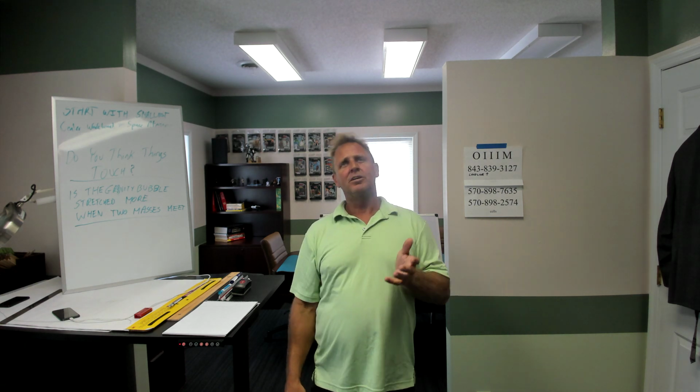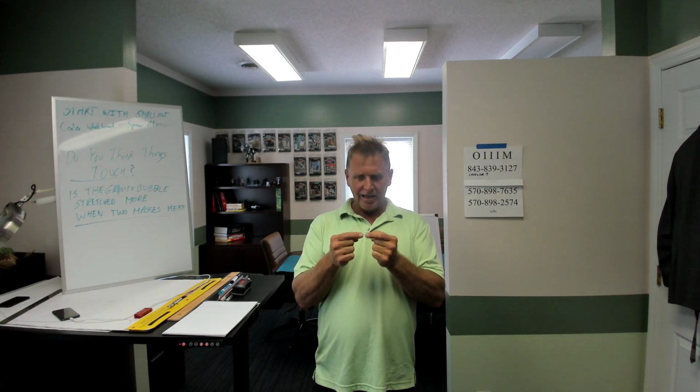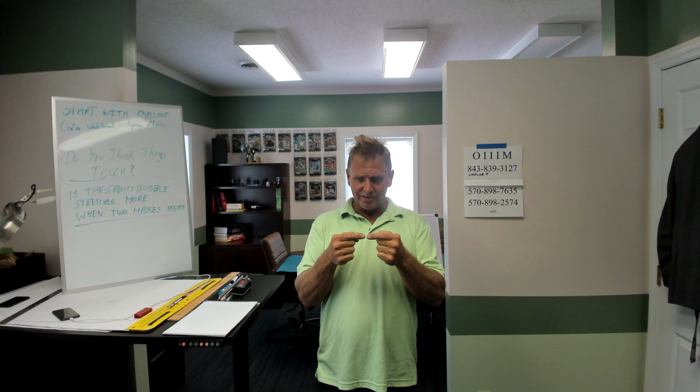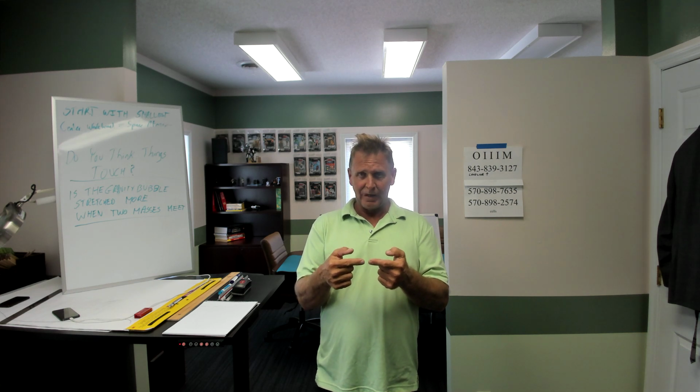If nothing can move faster than the speed of light, what's happening right there? You've got this object going here and this object going here. That's faster than the speed of light. That's double the speed of light. Right there is proof that we can move faster than the speed of light.